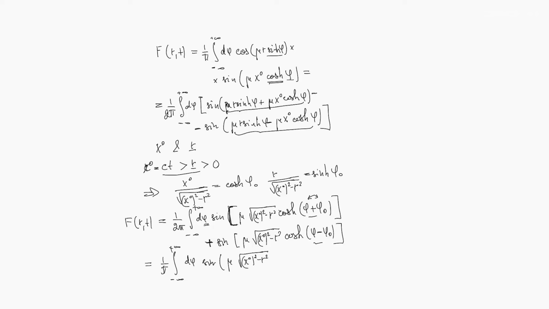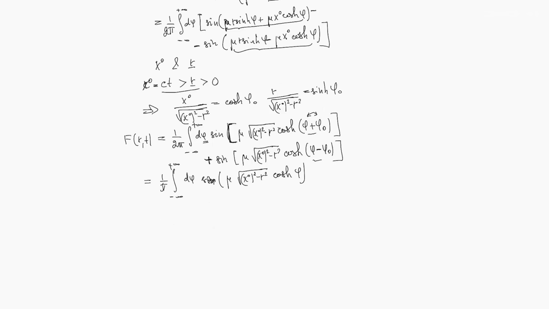And now, finally, if you look into the books, looking for an explicit integral representation for the Bessel function, then you see that what is written down here is exactly the integral representation for the Bessel function J0 of mu square root of x0 squared minus r squared.